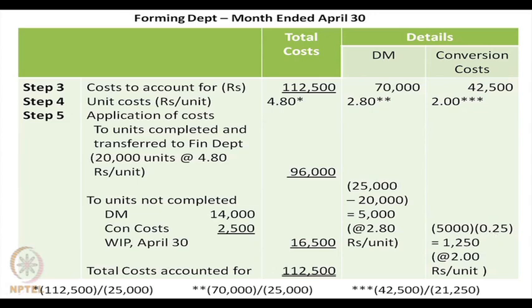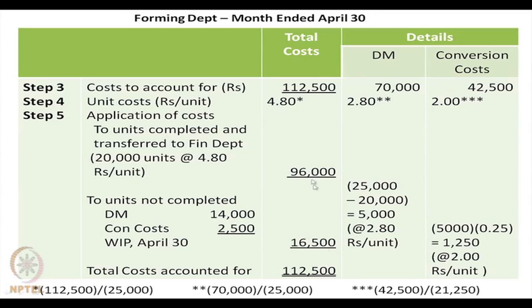So, the equivalent unit is 1,250, and at the rate of 2 rupees the conversion cost was consumed, and therefore, the product of these two gave us the conversion cost for the items that are not completed and remain in WIP as 2,500. When we sum up, it gives us 16,500.